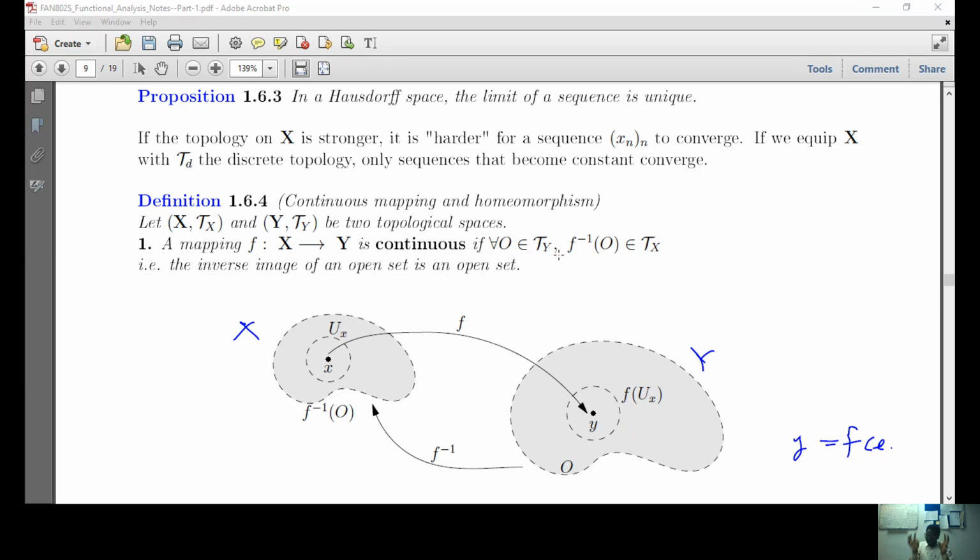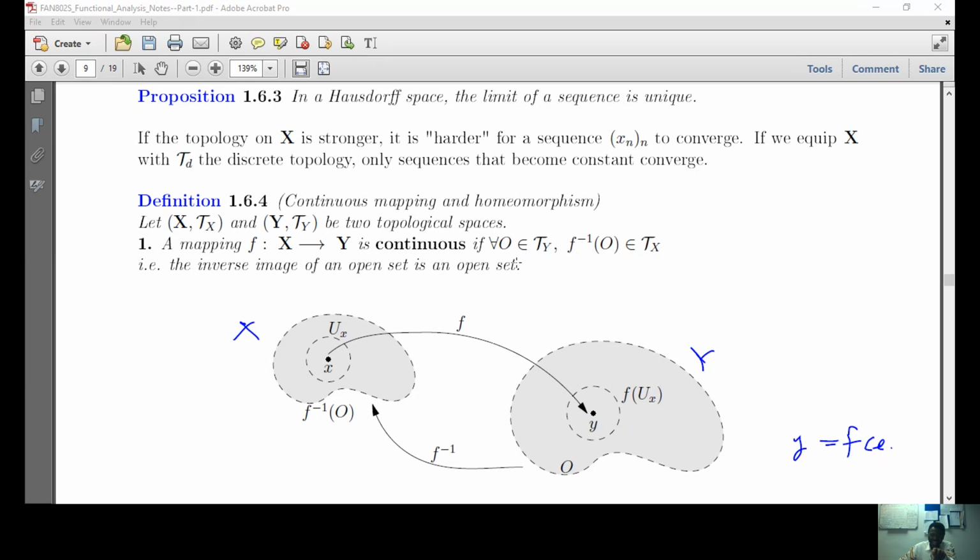You can now take X equal to R, Y equal to R. The topology there is open sets, open intervals, and you can measure the distance using absolute value. If you write this for the usual topology of R, it will give you exactly the definition of a continuous function the way you saw in calculus, where you say for any epsilon.